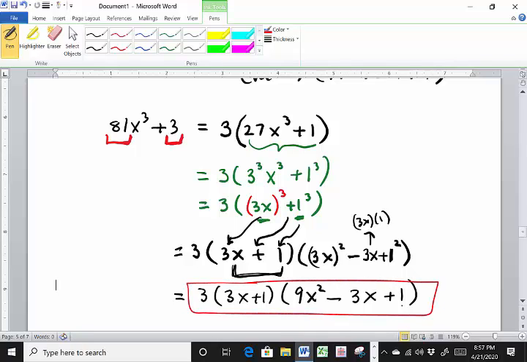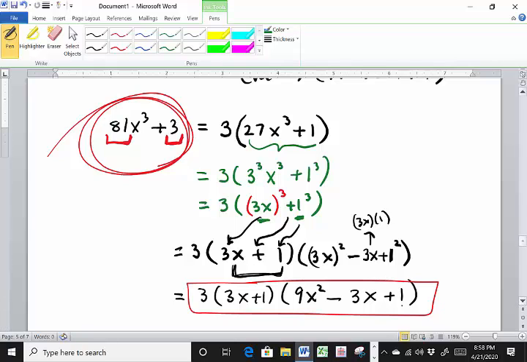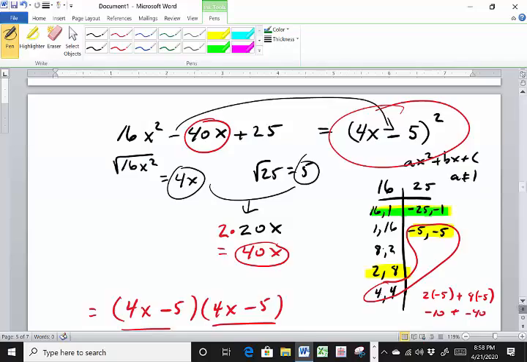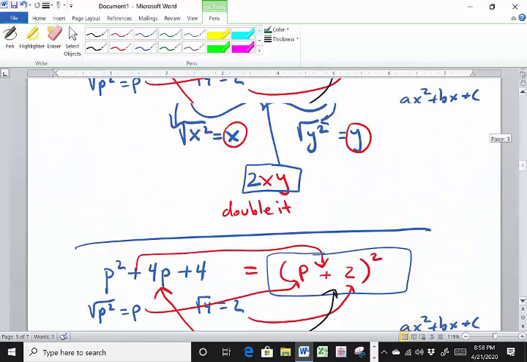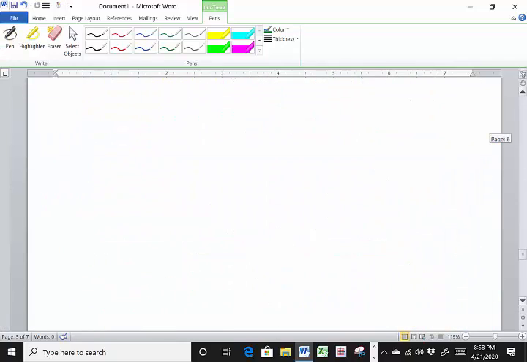That's in factored form. So the key thing here is notice that I had to factor out a 3 first. And once I did that, then I noticed that we do have the sum of 2 cubes in 27x cubed plus 1. Okay? Let's try another one.